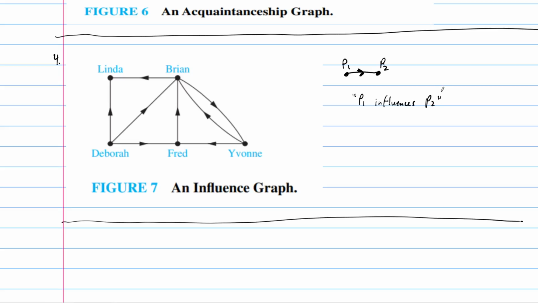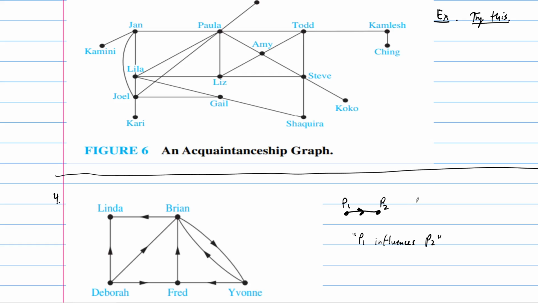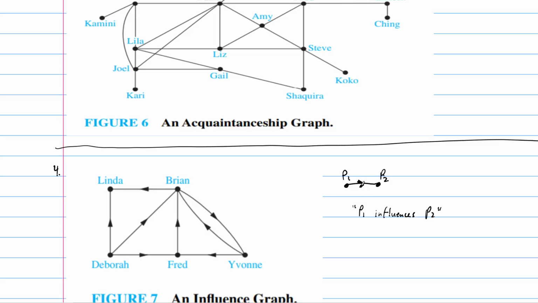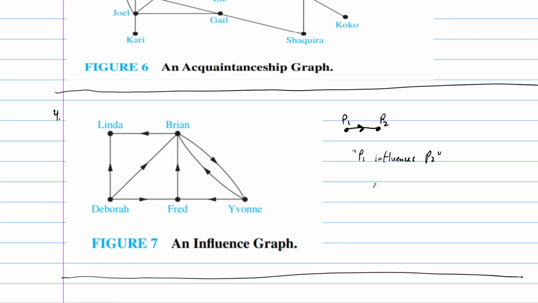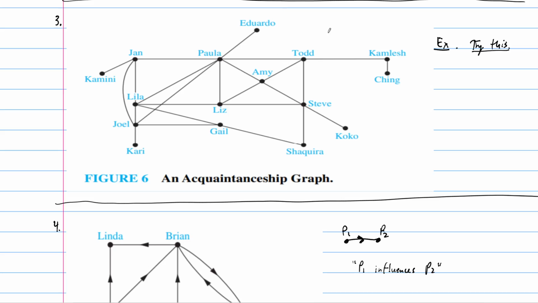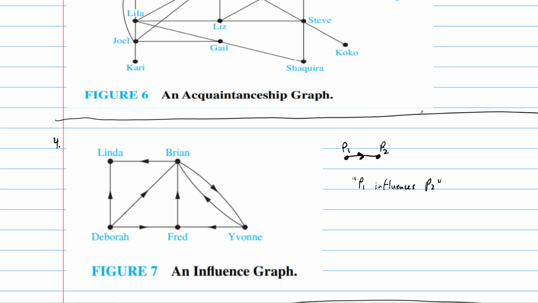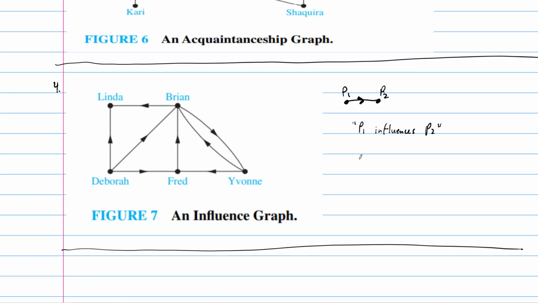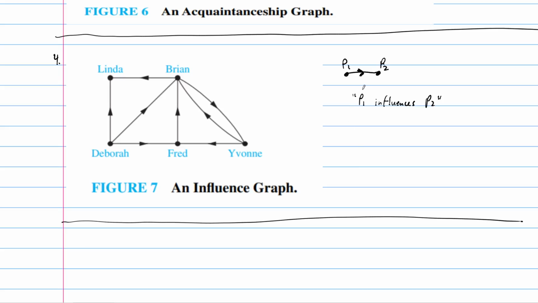So maybe if you draw your acquaintance graph, you could add in some arrows, right? What would be an example of this? Well, if you include your work group in your acquaintanceship graph, then an arrow would be like a boss or a manager or someone who's worked at the company for a longer time and who you respect and has an influence over you.